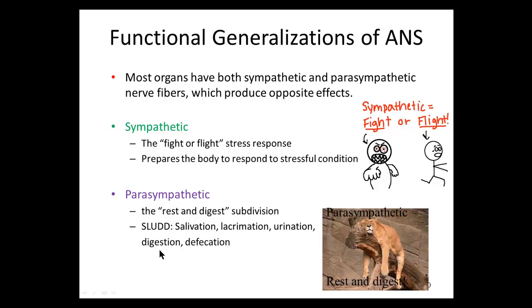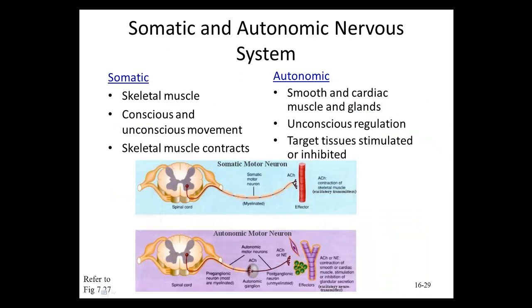So we have two types of response again through this autonomic motor neuron. We can have parasympathetic information being carried or sympathetic. It depends on the receptors that bind to these neurotransmitters released from the end of the autonomic motor neuron.